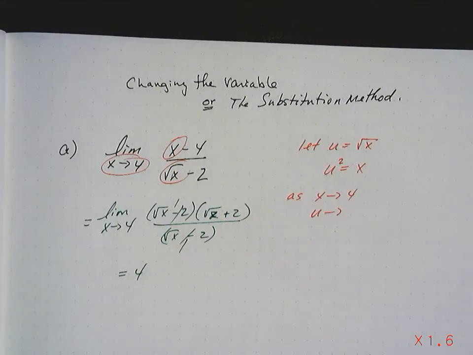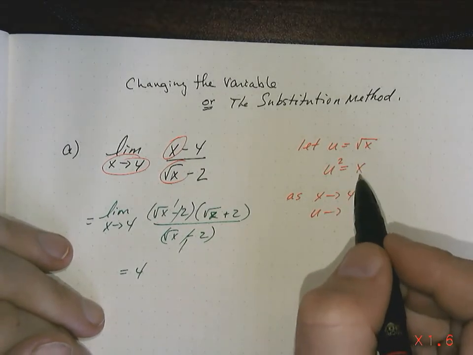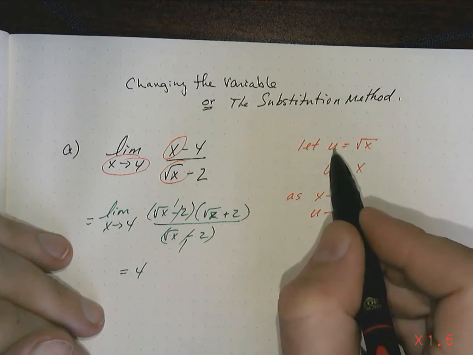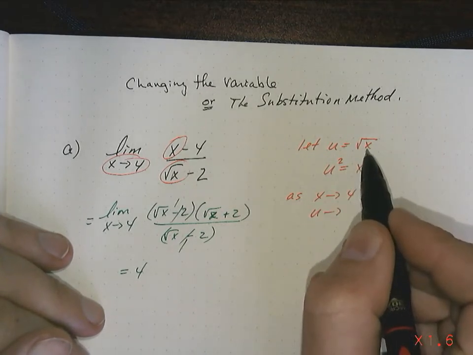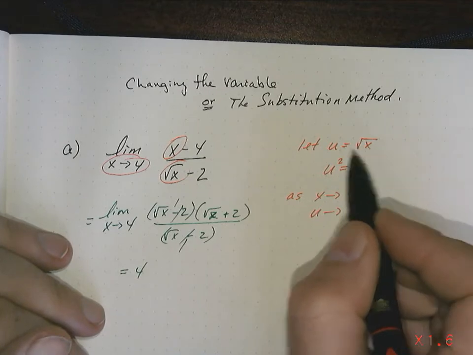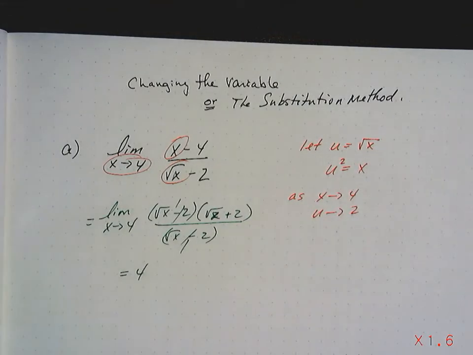If x is approaching 4, what do you think u is going to do? I look back up and find u by itself, not u squared. As x approaches 4, the root of 4 is going to approach 2. So as x approaches 4, u is going to approach 2.